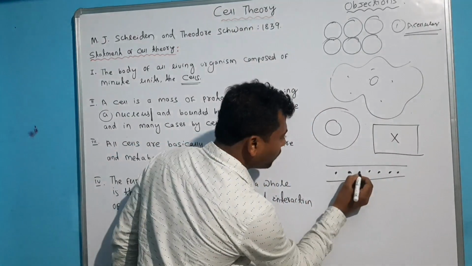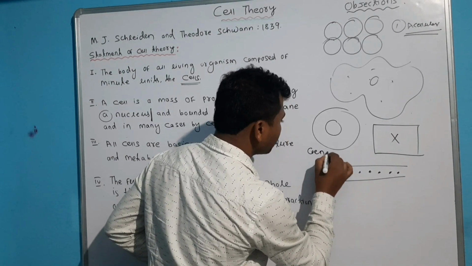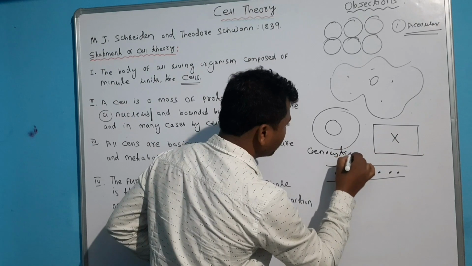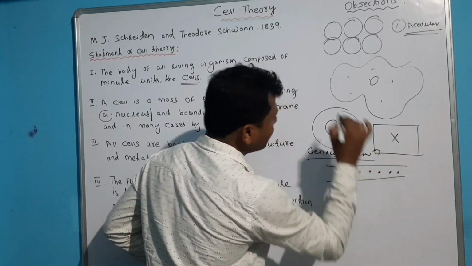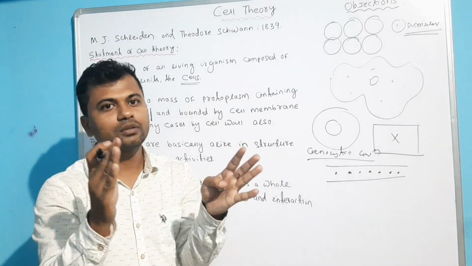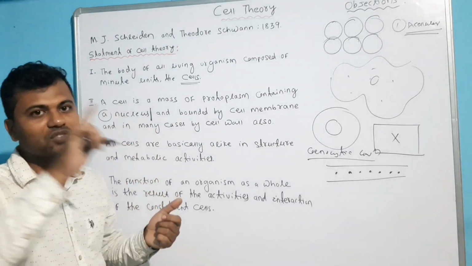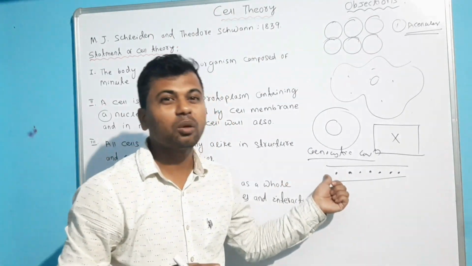So the multinucleate condition, also known as the syncytium condition, is also an exception to the cell theory, because the cell theory says that a cell should have a single nucleus. Here we have many nuclei.